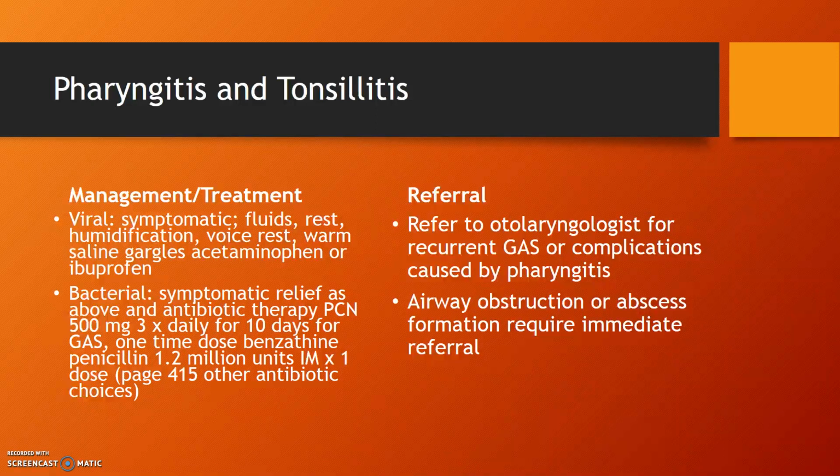Or some people give a one-time dose of benzathine penicillin, that's 1.2 million units IM. Page 415 also looks at other antibiotic choices when penicillin isn't appropriate and during pregnancy. So just look at those.